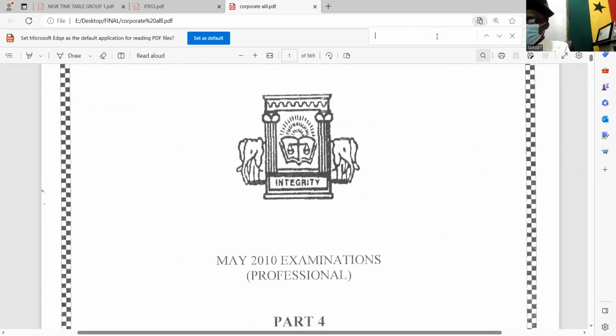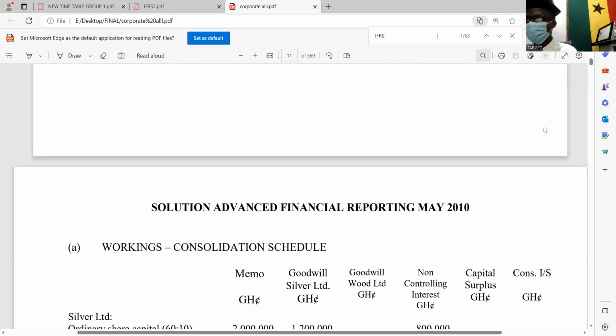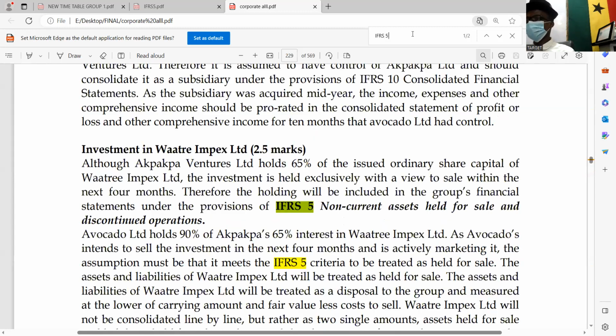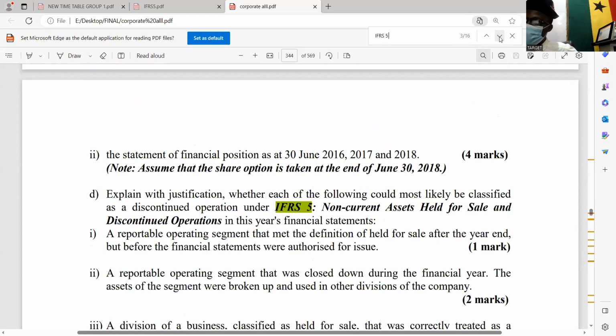So let me go to IFRS 5, random search. I need May 2018. Good, this is the May 2018.